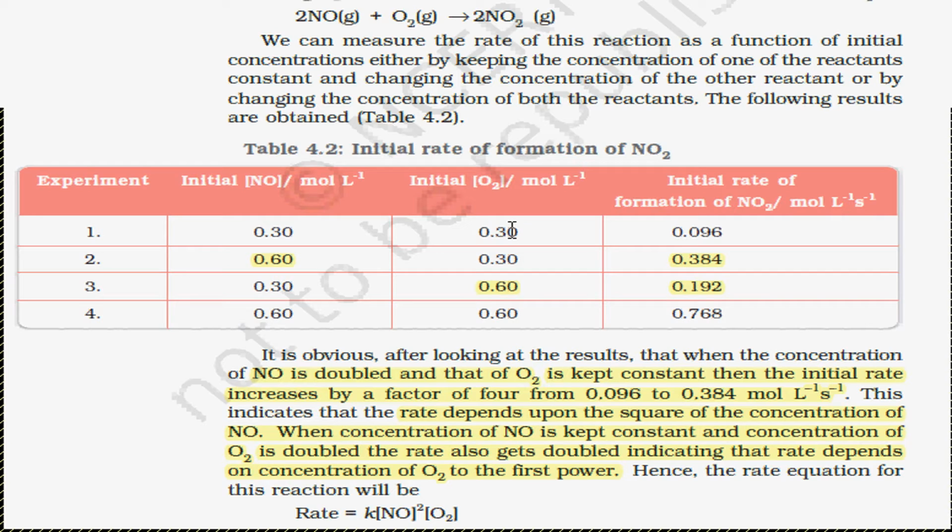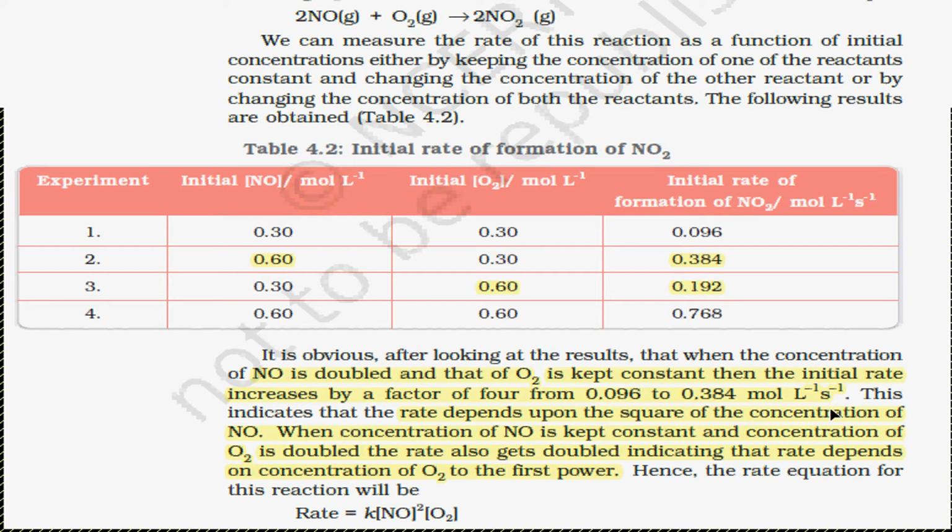Here the concentration of O2 is 0.30, the same, and we get the initial rate of formation of NO2 as 0.096. Now in the second one, the concentration of NO is doubled, it becomes 0.60, whereas the concentration of O2 is kept constant.